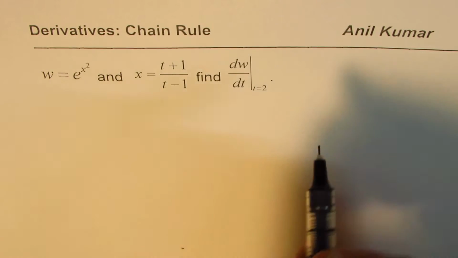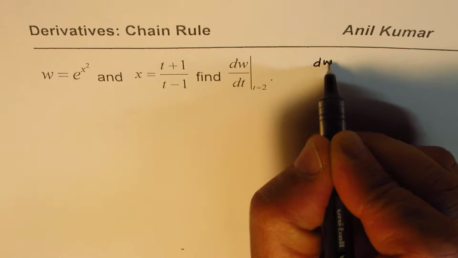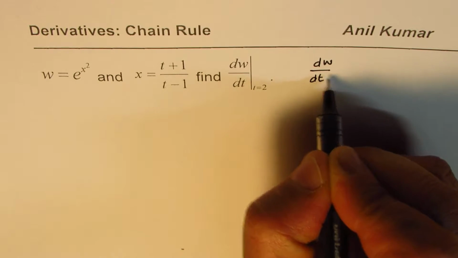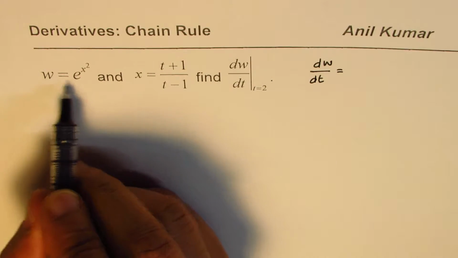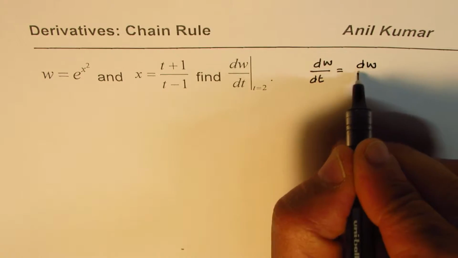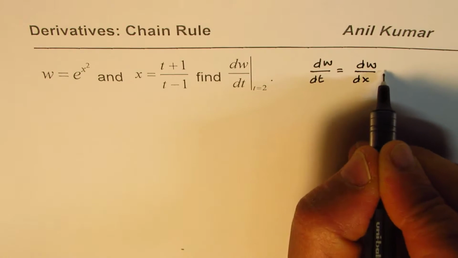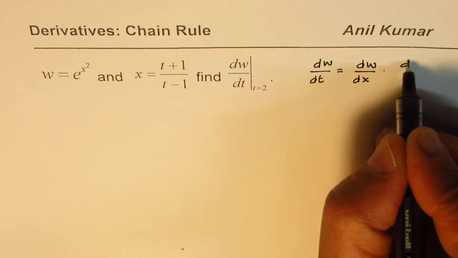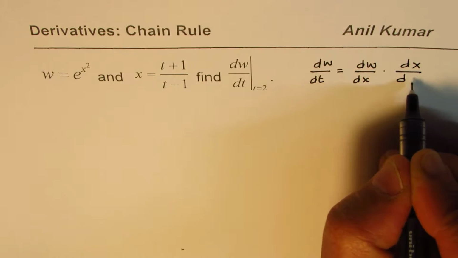So that gives you an idea that dw/dt could be written as dw/dx times dx/dt. That is the basic strategy.